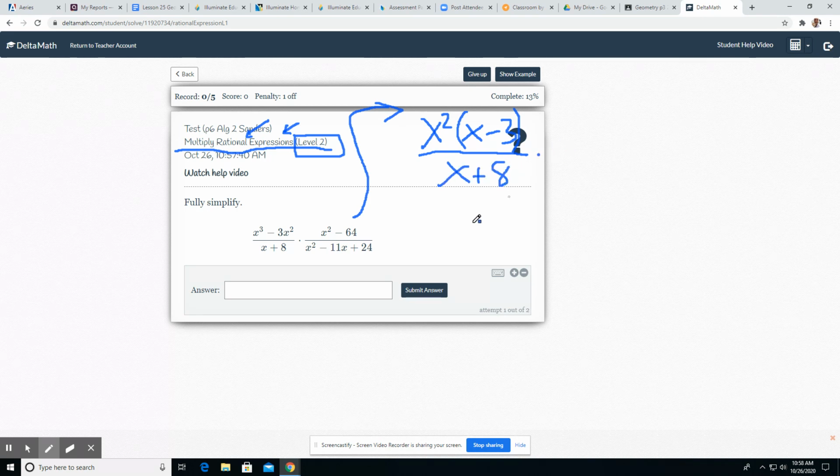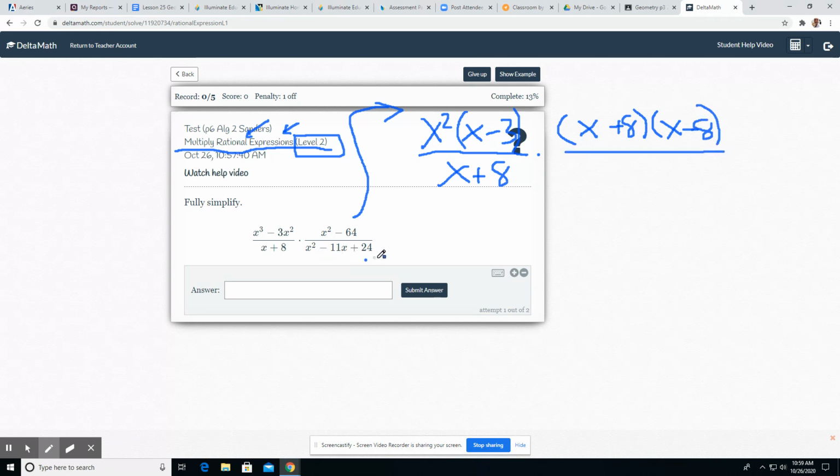Multiply. X squared minus 64, difference of squares. X plus 8, x minus 8. Over.